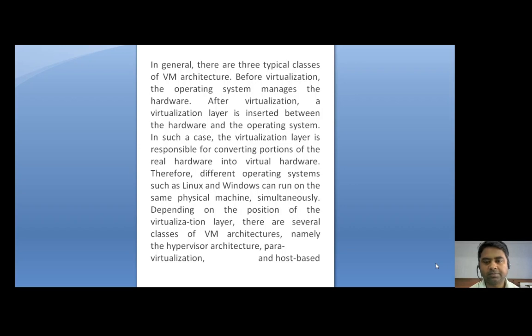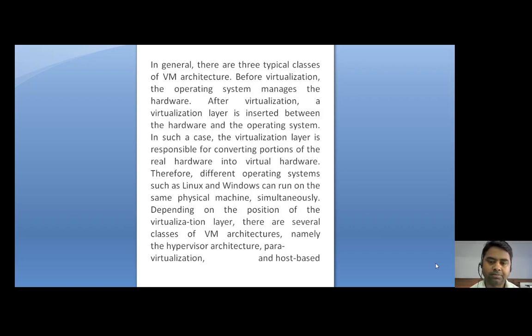In such cases, the virtualization layer is responsible for converting portions of the real hardware into virtual hardware. Therefore, different operating systems such as Linux and Windows can run on the same physical machine simultaneously.